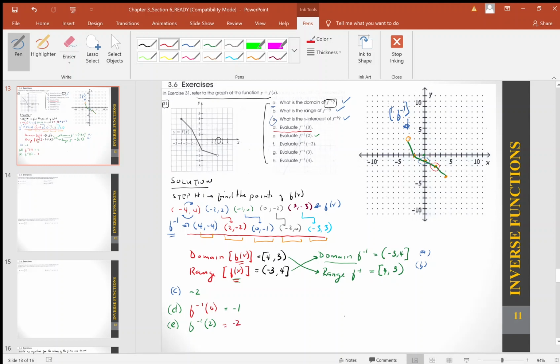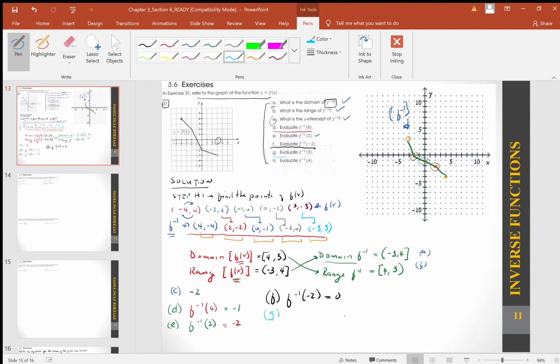Now we want to go for f. Our f is asking us for the inverse function of -2. So we're right here, and that's going to be 0. And then we're going to have g.